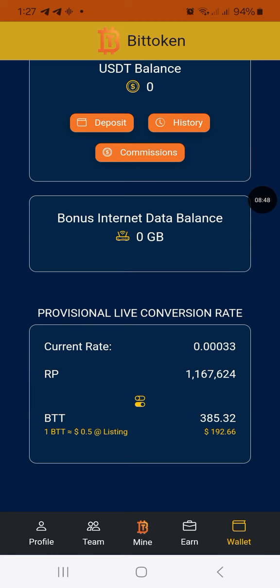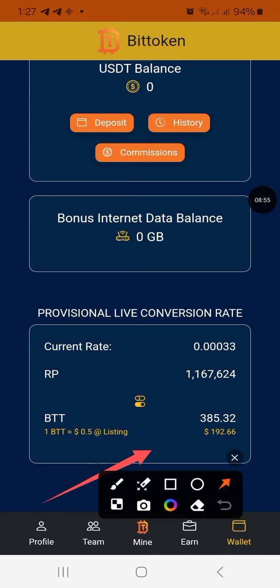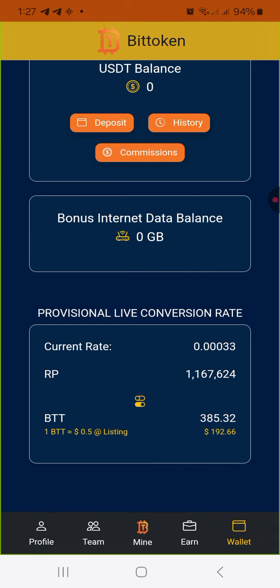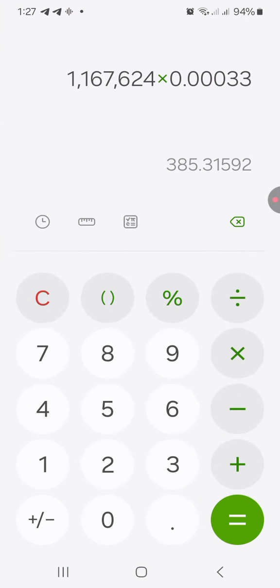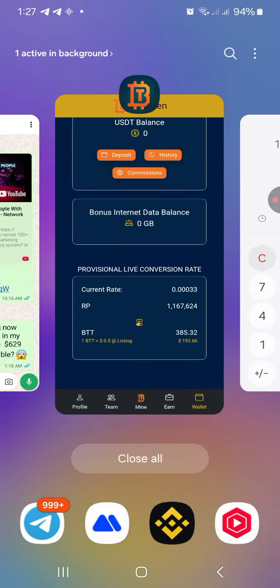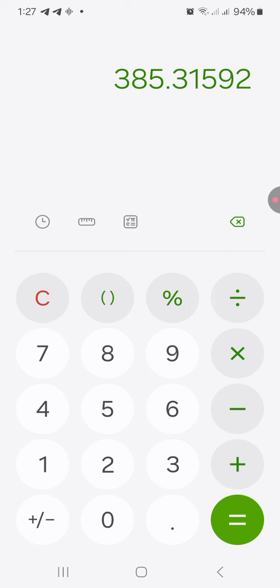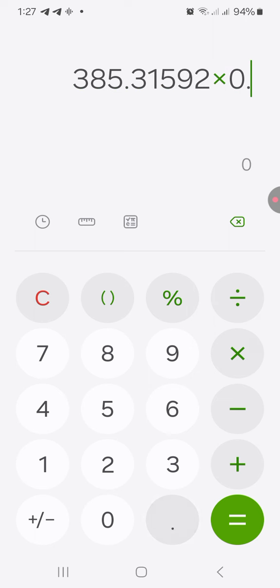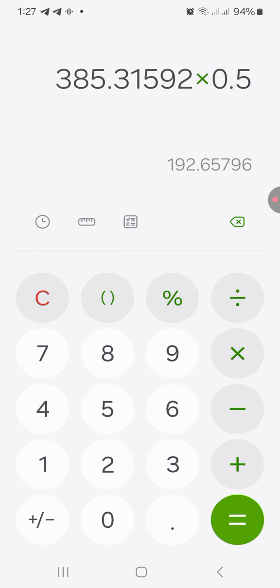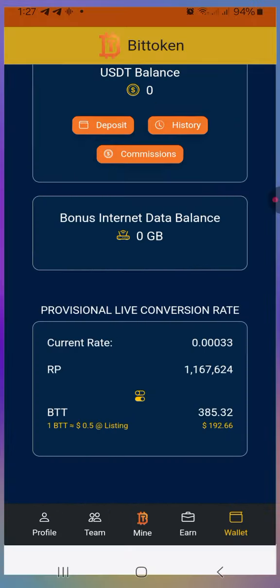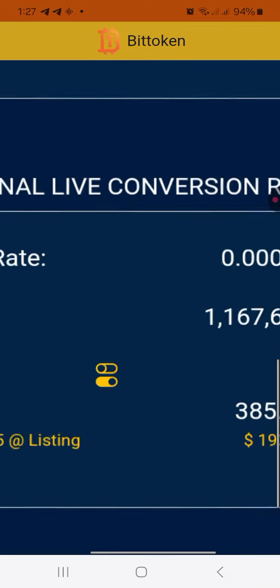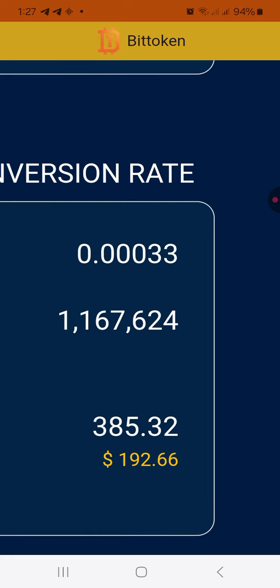Are you seeing that the number is the same? Right here, 385. And if you multiply the amount of Bittoken by the listing price, it will be 192.